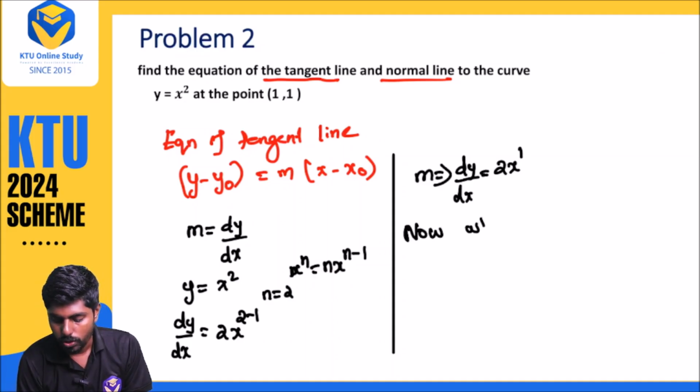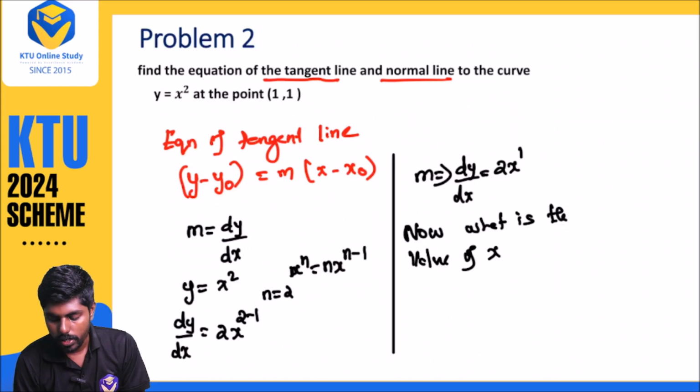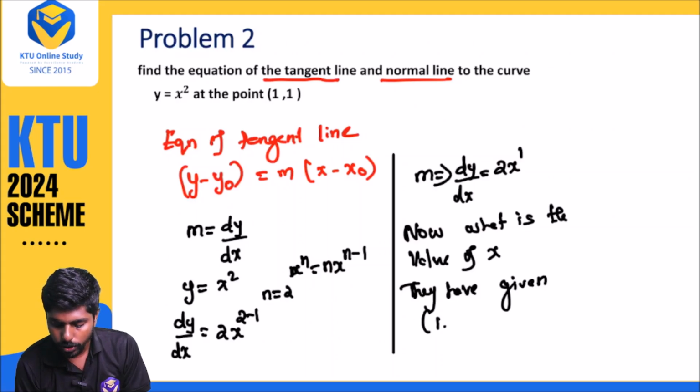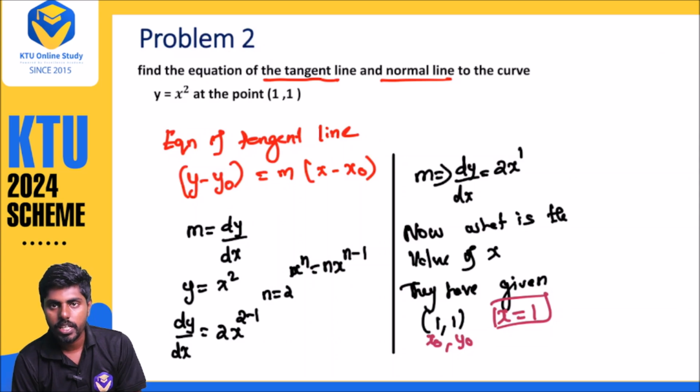Now, what is the value of x? They have given the point 1 comma 1. From here I can say this is nothing but x0 comma y0, so x is equal to 1.